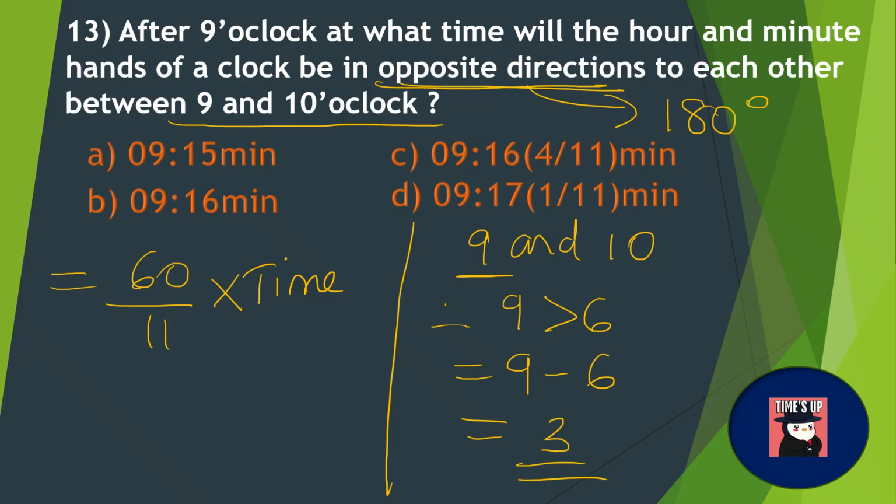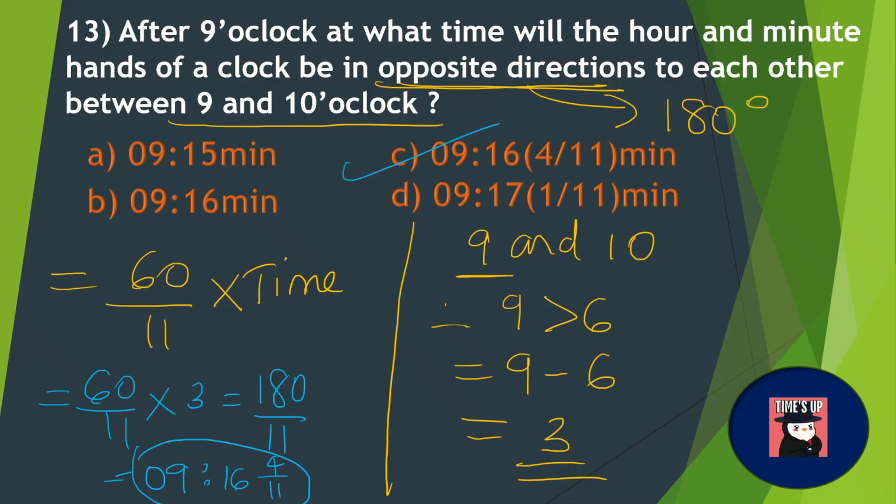This 3 you need to substitute here. 60 divided by 11 into 3 comes to 180 divided by 11. So it will be 9 hours, and 180 divided by 11 we have already solved, that is 16 minutes 4 by 11 minutes. Correct? So C is the correct option.